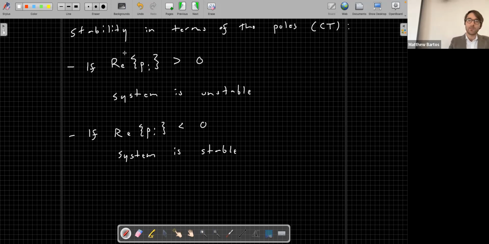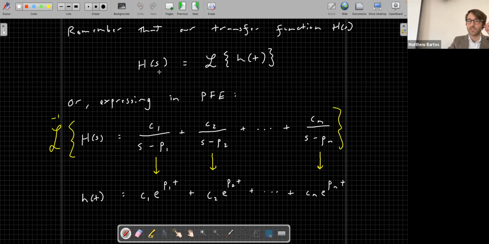So one question: does this condition need to hold? First of all, let's look at the stable case. If we have some poles with real part less than 0 and some poles with real part greater than 0, is that system stable or unstable? Let's go back to our expression here.